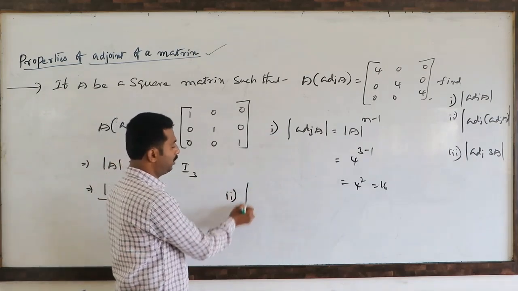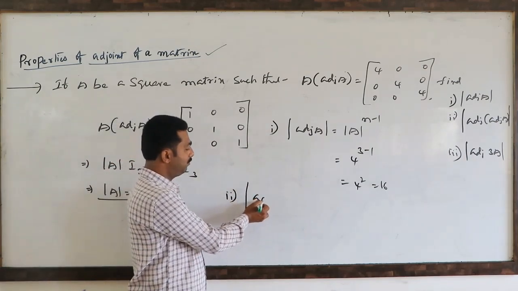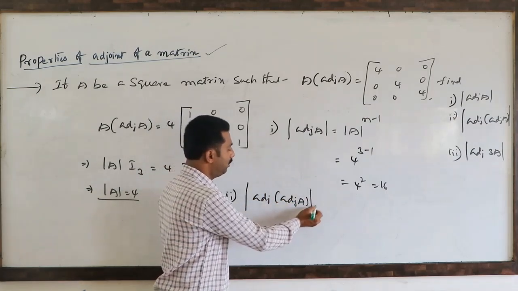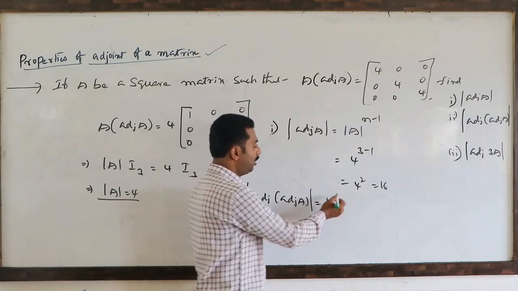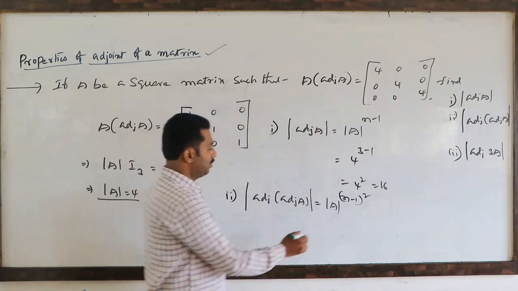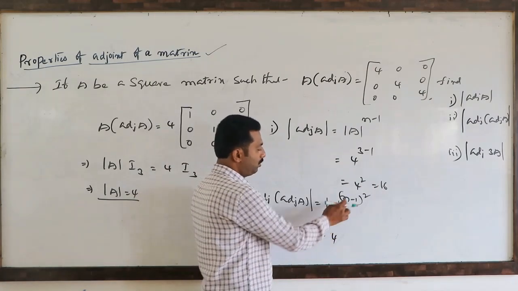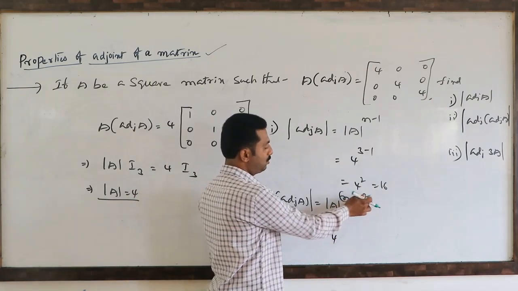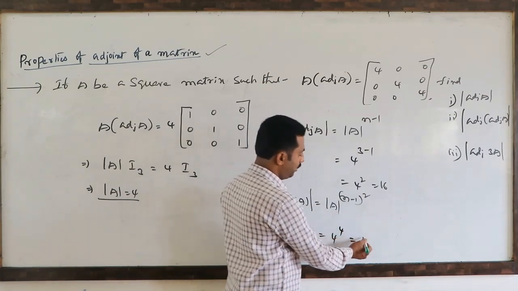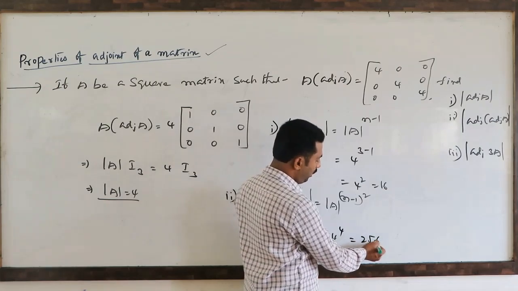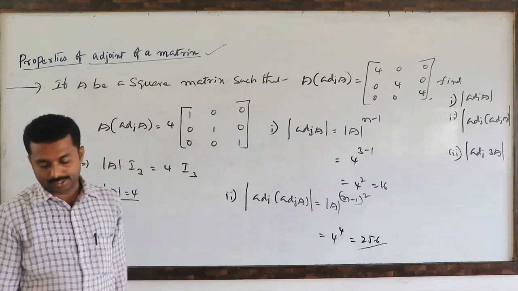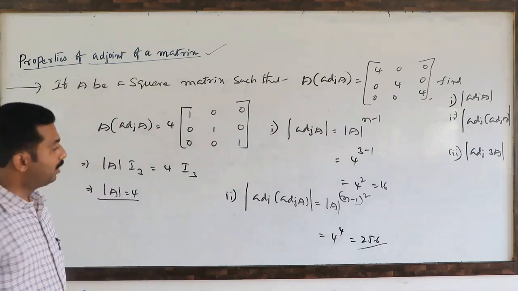Determinant of adjoint of adjoint of A equals determinant of A whole power n minus 1 whole square. Determinant of A is 4, n is 3 minus 1 is 2, so 4 square is 16, that is 2 to the power 8, which is 256. So that is the second answer.